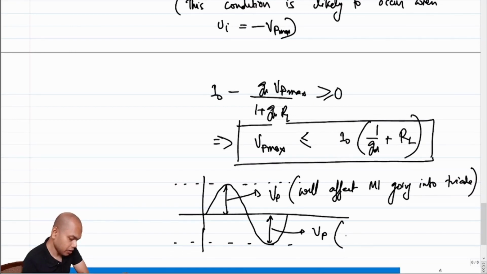The lower Vp will affect M1 going into cutoff.